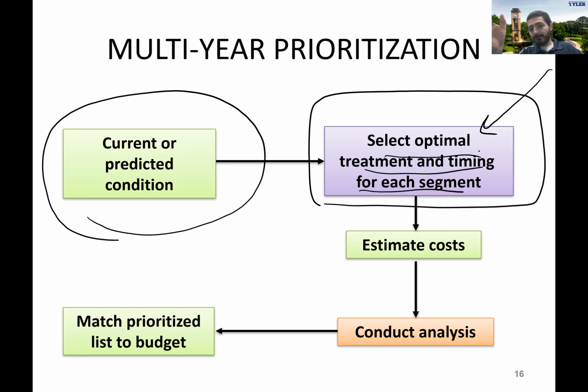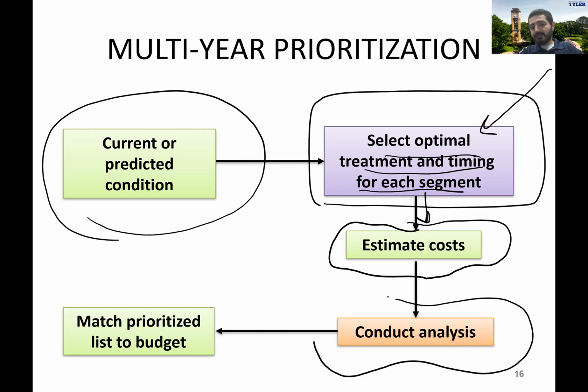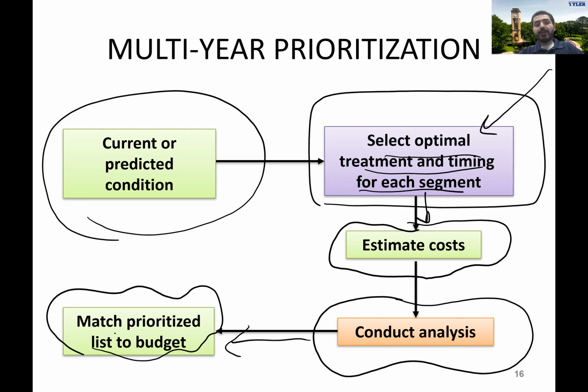That's very important, and that's going to give us a more well-informed estimated cost, which is going to trigger the overall analysis, and that's going to lead us to matching in a better way a prioritized list to the available budget that we have.